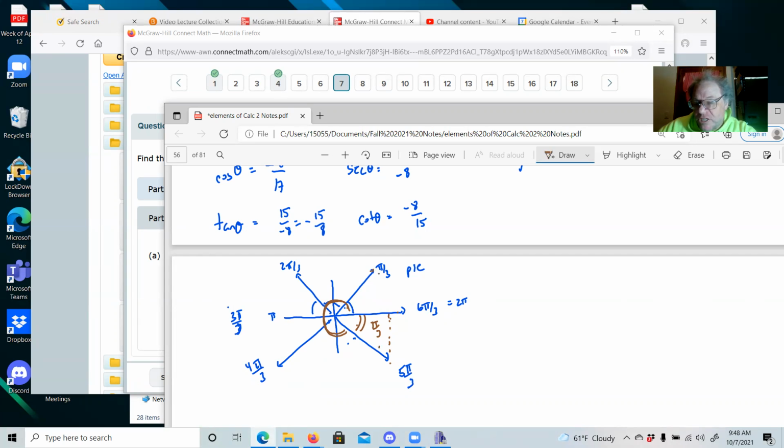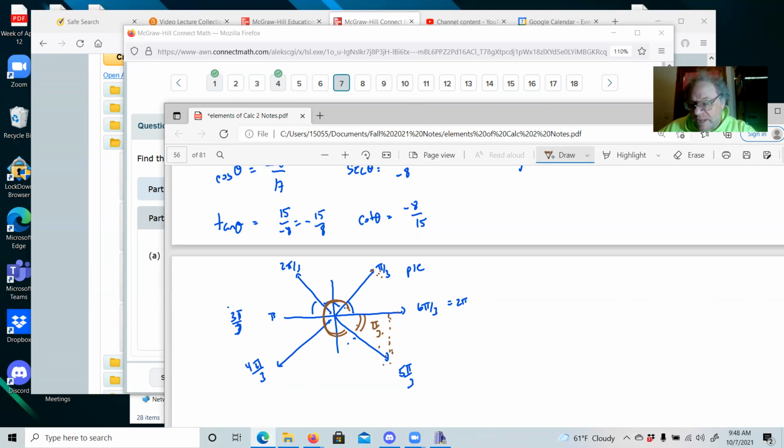So that's why the trig ratios are going to be the same numeric value, but the signs are going to be different because this is in quadrant 4. So the y value is going to be negative, the x value is going to be positive. If we just flip this up here, we're really working with pi over 3s.